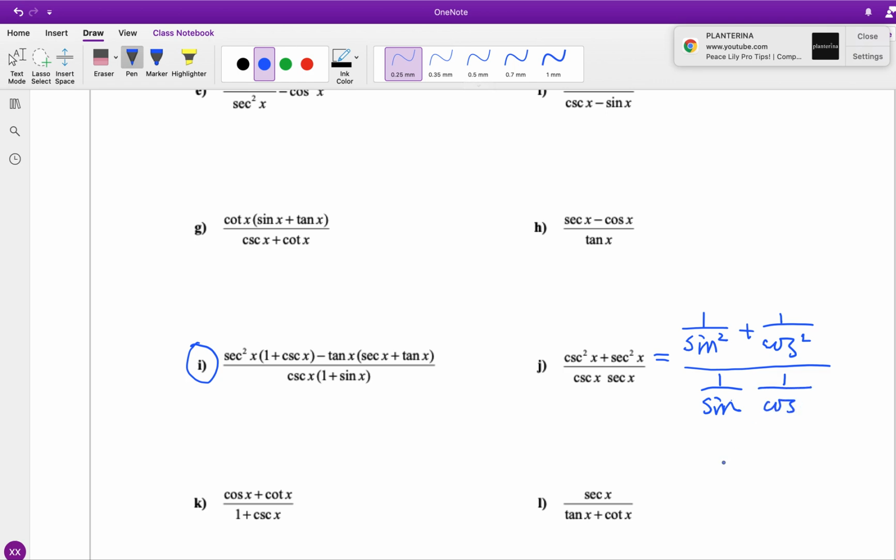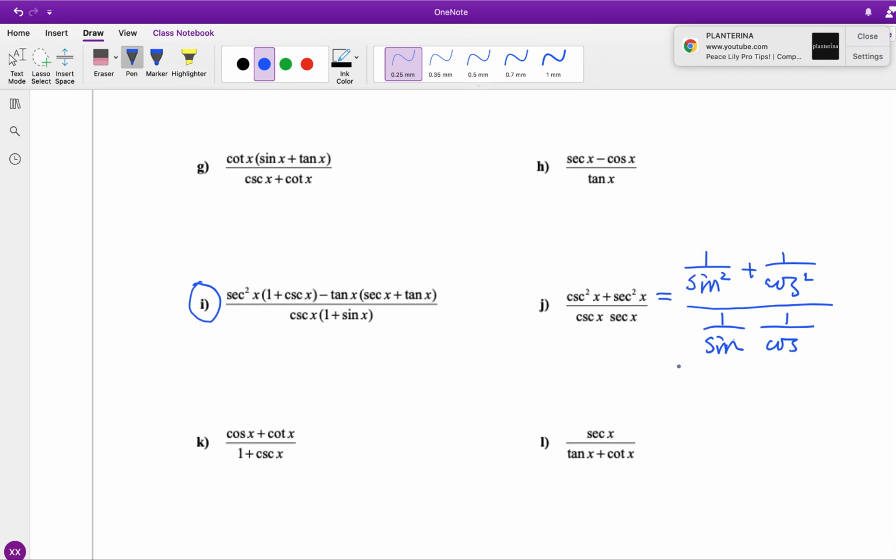You can already see where I'm going. Now for the numerator, the denominator becomes sine squared multiplied by cosine squared. Now the top is cosine squared plus sine squared. You can see where I'm going. So the bottom here now is 1 over sine multiplied by cosine. Isn't that beautiful?